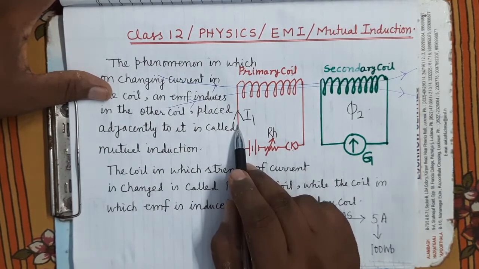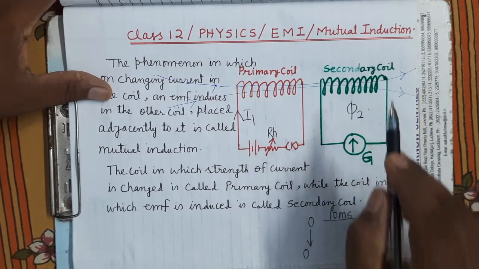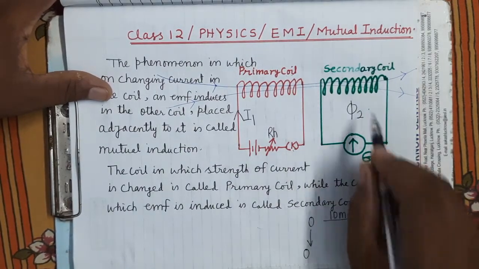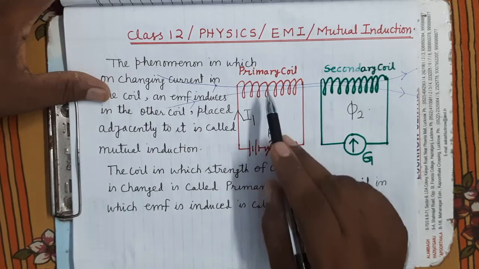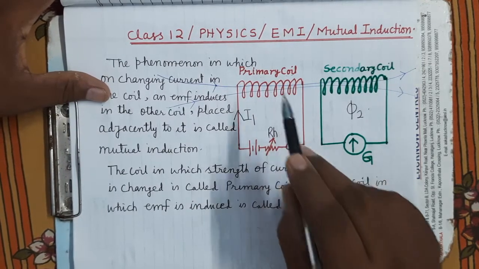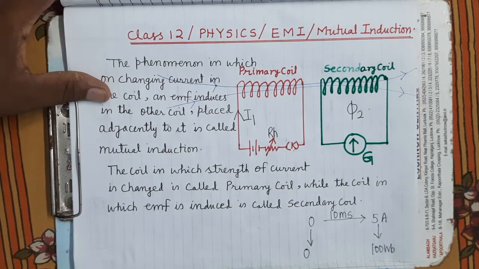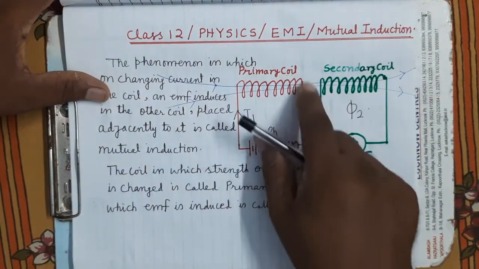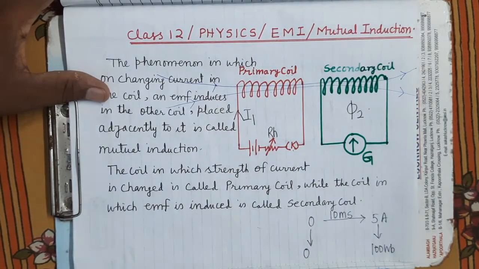And one more thing I have assumed: the whole of the magnetic flux produced by the primary is passing through each turn of the secondary.